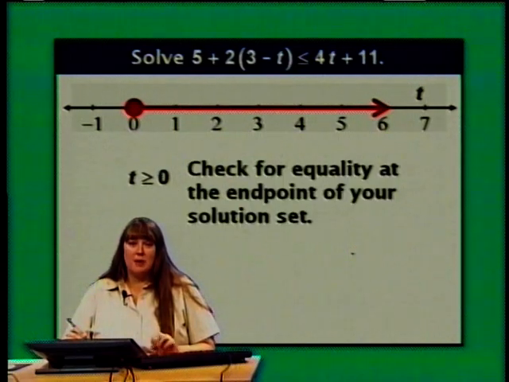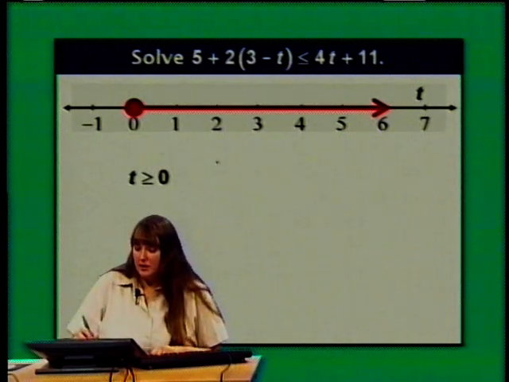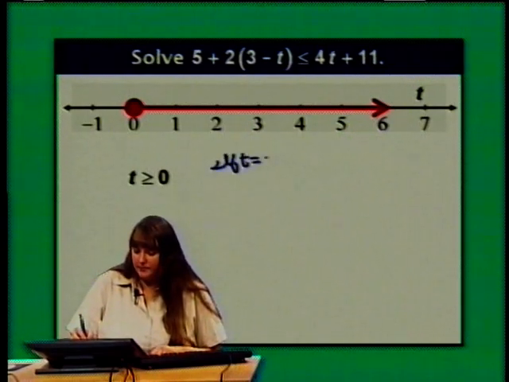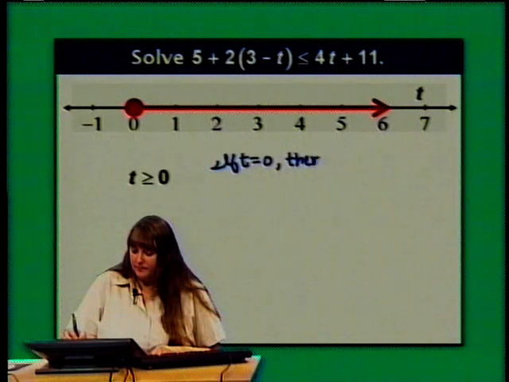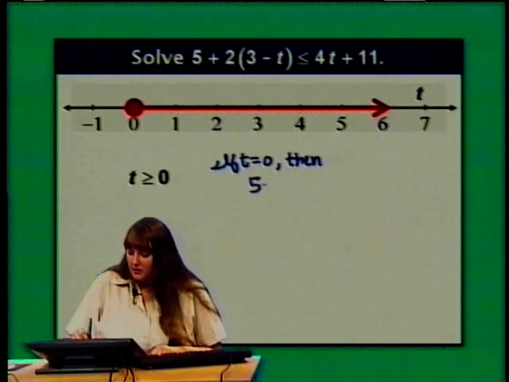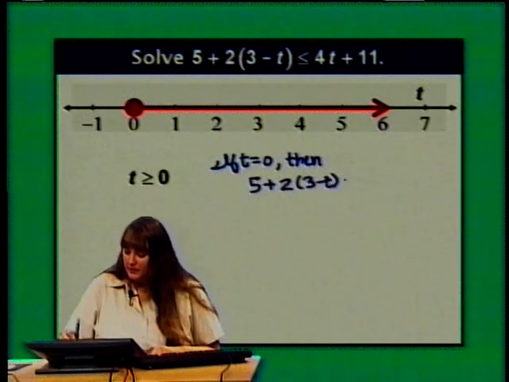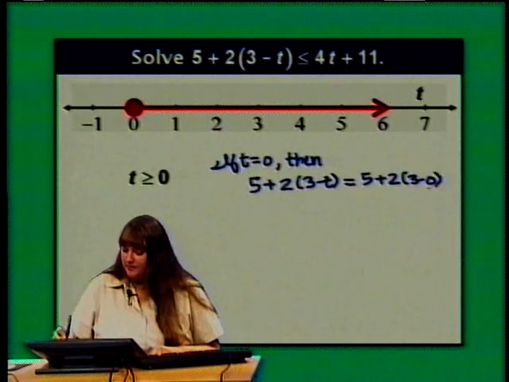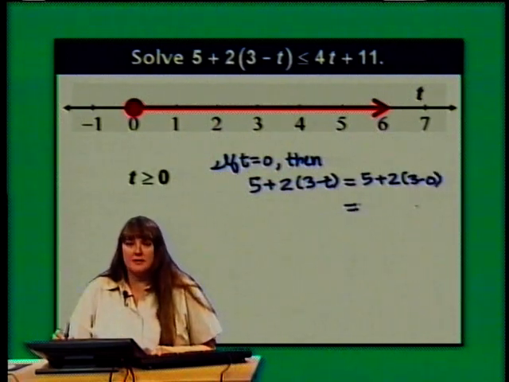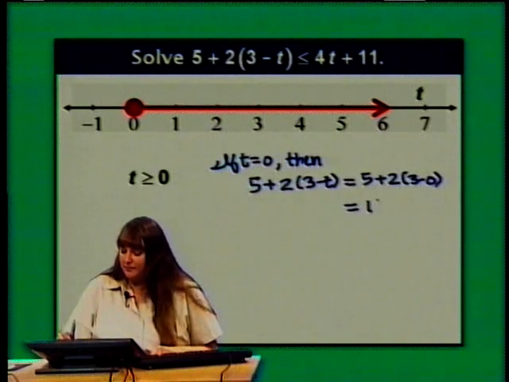Now I want to check my proposed solution set. I'm going to start by checking for equality at the endpoint of my solution set, my endpoint being t equals 0. So if t equals 0, then the expression on the left, 5 plus 2 times the quantity 3 minus t, would be 5 plus 2 times the quantity 3 minus 0. 3 minus 0 is 3, 2 times 3 is 6, 5 plus 6 is 11.